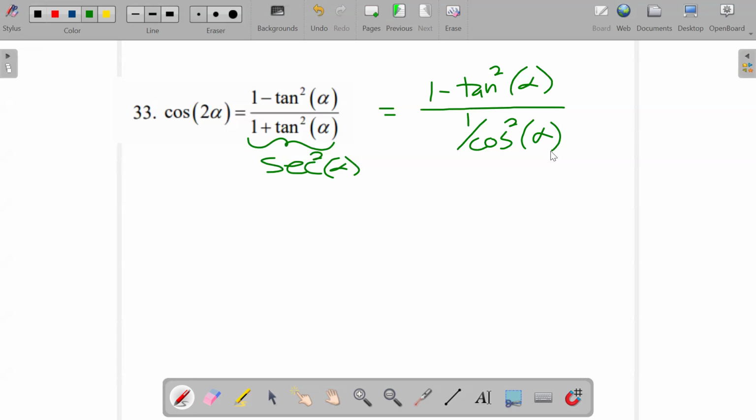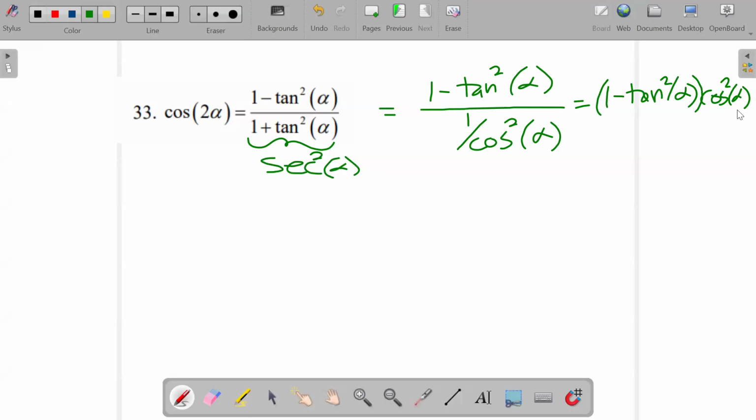And then I could multiply that into the top, right? Instead of dividing by 1 over cosine squared, I could multiply by cosine squared. So this would be parentheses 1 minus tangent squared of alpha times cosine squared of alpha. All right, well, now I don't have a denominator, so I'm going to count myself better off. And again, playing with these identities, I often go down paths that don't lead me anywhere and I have to start over. So this may or may not be productive, we'll see.